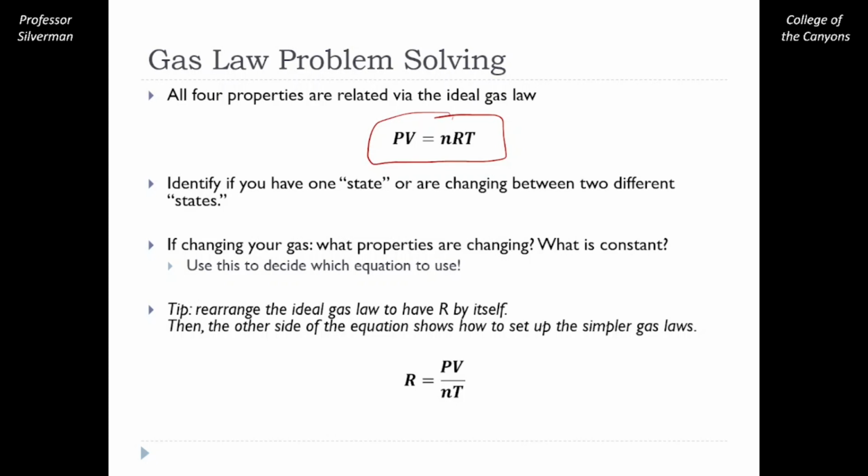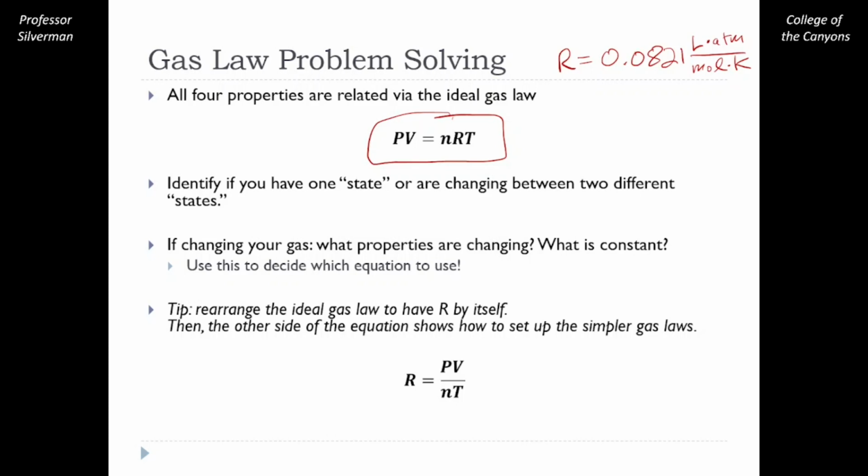This R is known as the ideal gas constant, and it's just a number. We're going to use R in these units, 0.0821 liters times ATMs divided by moles and kelvins.